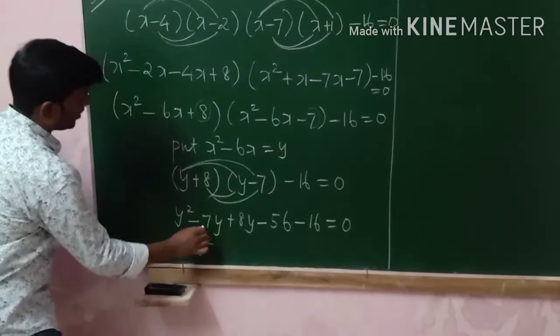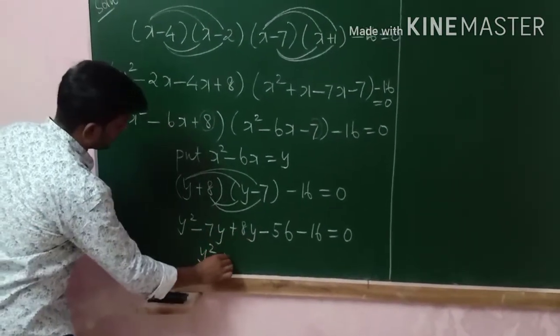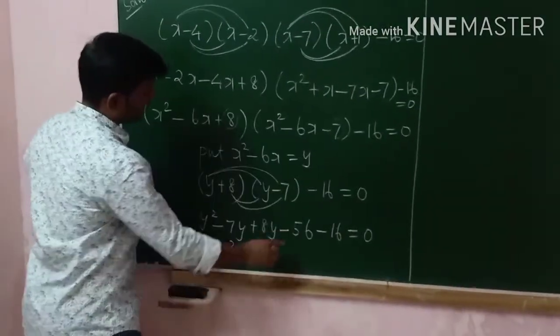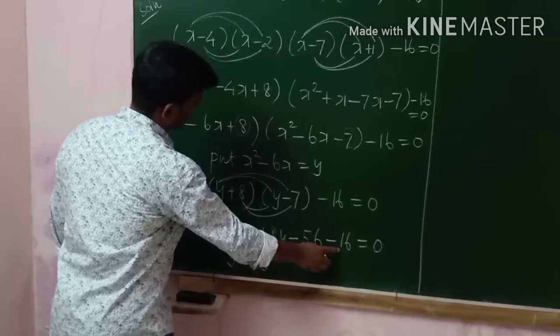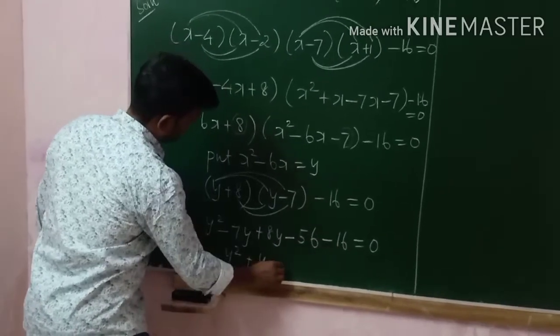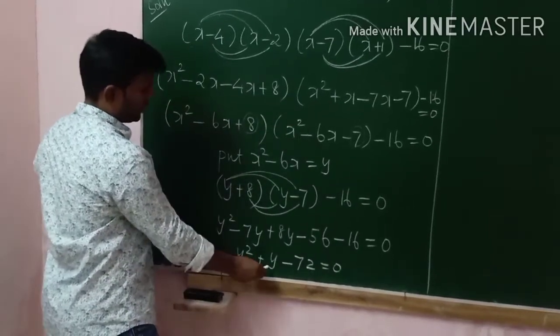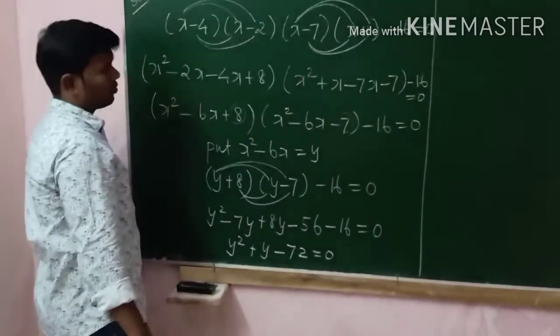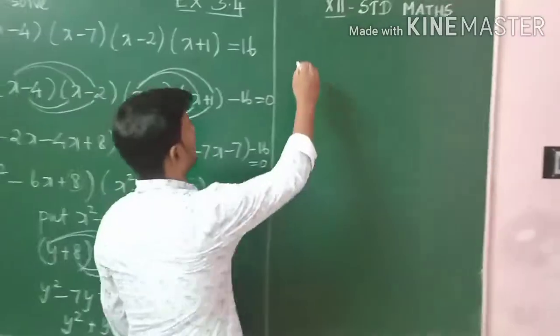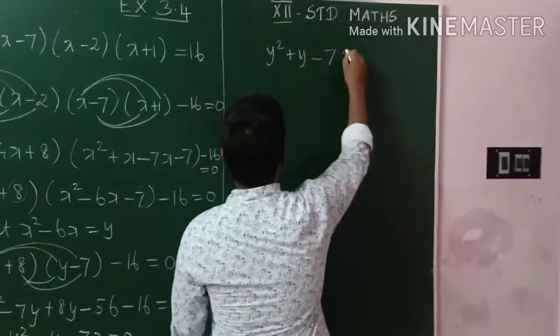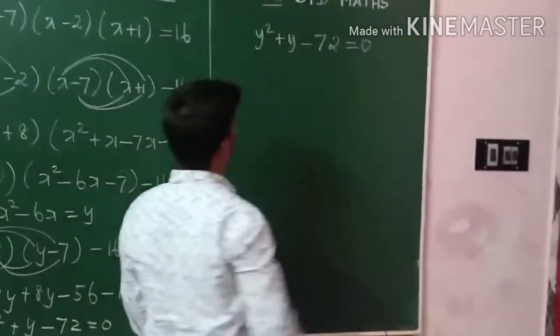So y square minus 7y plus 8y, it is plus 1y, minus 56 minus 16. So 50 plus 10, 60, 66, 72. So minus 72 equal to 0. y square plus y minus 72 equal to 0.